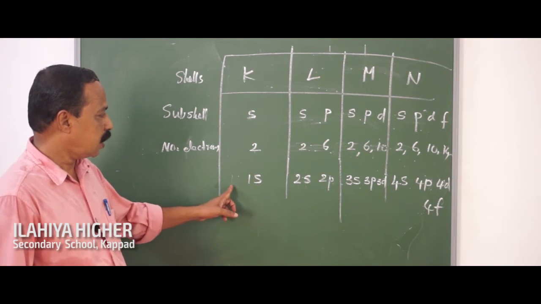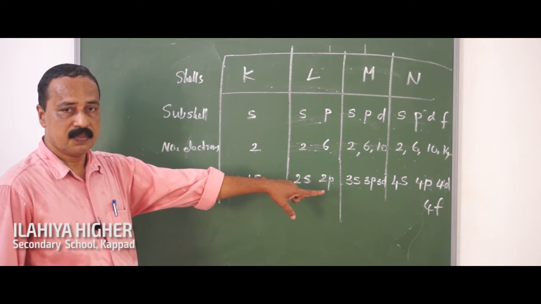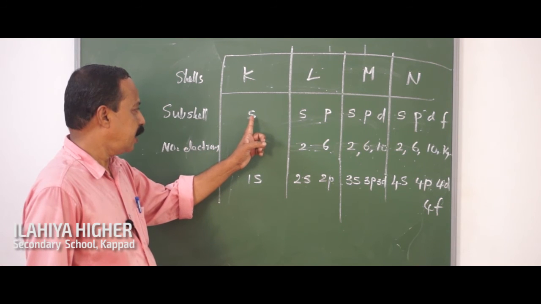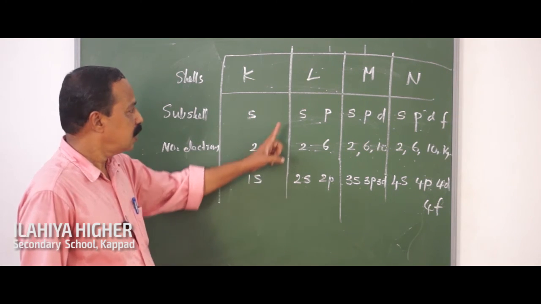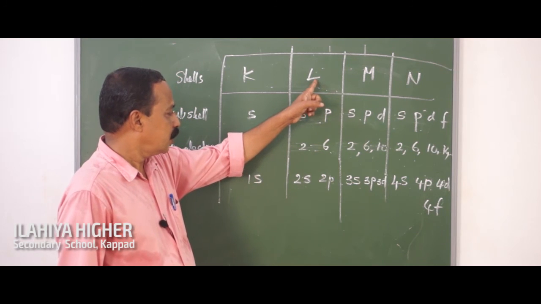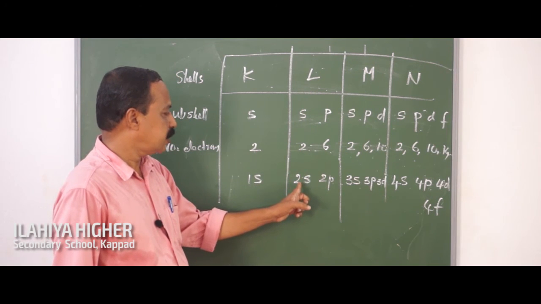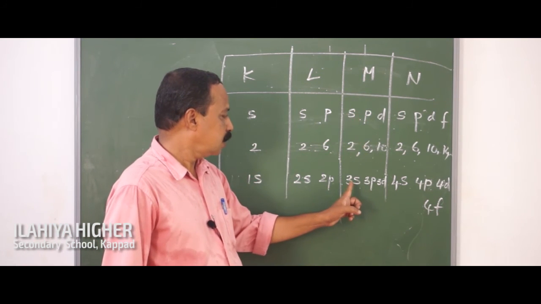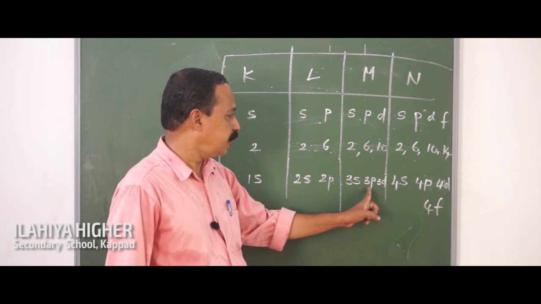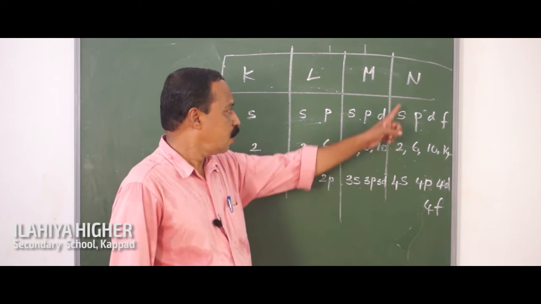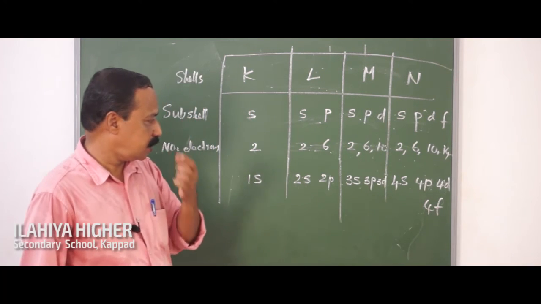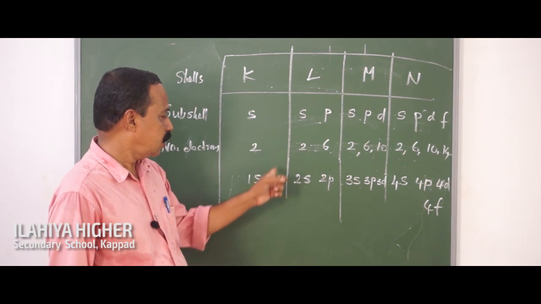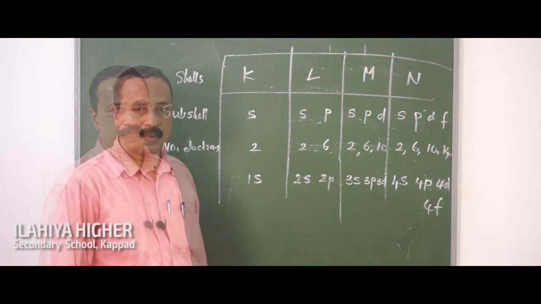These are the representations of the subshells. First shell, S subshell, 1S. Second, S and P, so it is written as 2S, 2P. Third, 3S, 3P, 3D. Fourth, 4S, 4P, 4D, 4F. Okay.